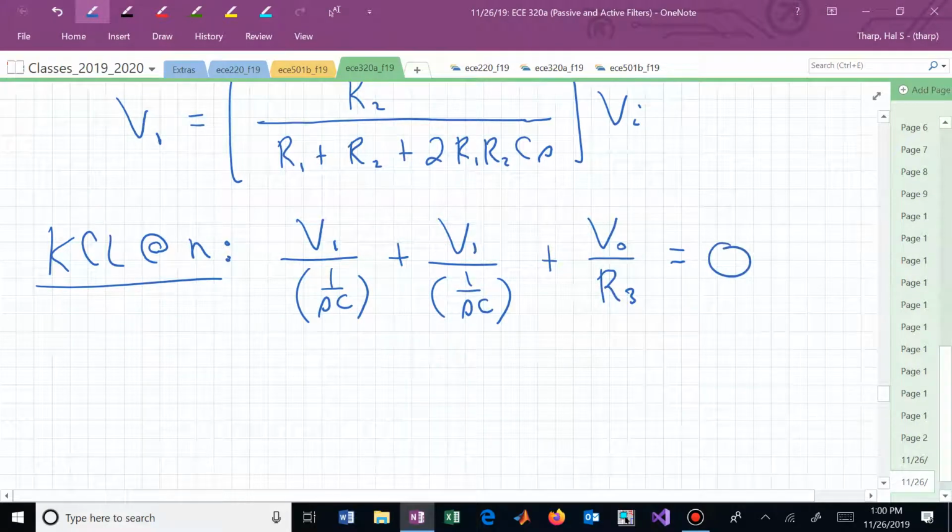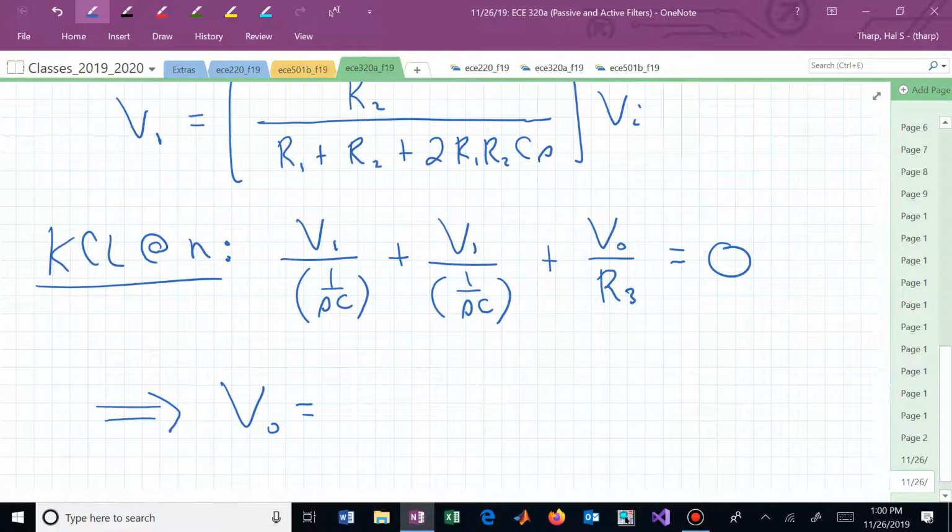And those 3 sum to 0. Or taking 1 to the other side, let's solve for V sub 0. Take the other two terms to the other side and multiply both sides by R sub 3. And the other two terms, the SC in the denominator of the denominator gets upstairs, and we have 2 of those. And taking them to the other side gives us the minus.